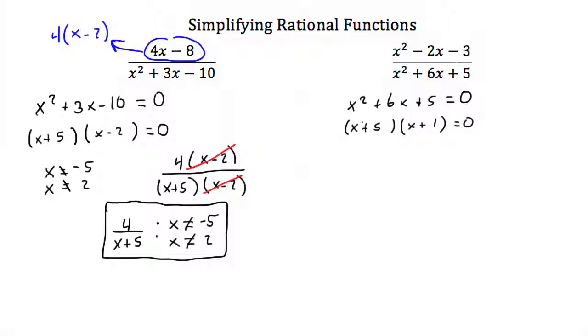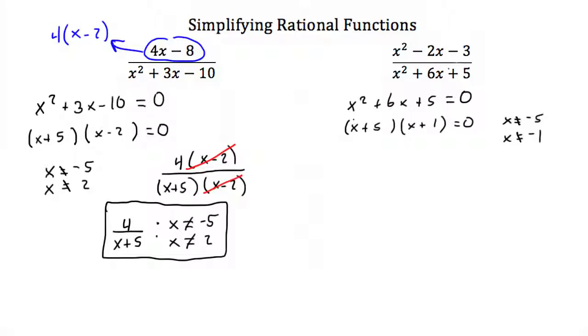This is equal to 0, and through the zero product property, I can see that x is equal to negative 5 and x is equal to negative 1. Now because these are excluded values, that means x cannot equal negative 5 and x cannot equal negative 1. X can equal any other number except for these two, because these two make our denominator equal to 0.